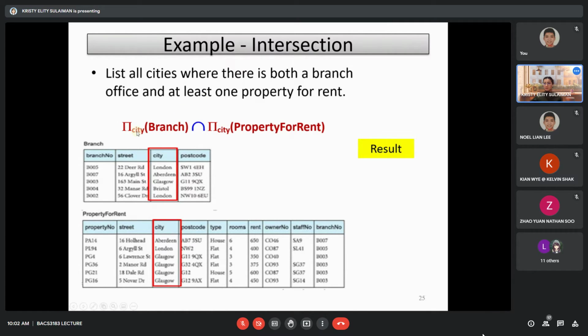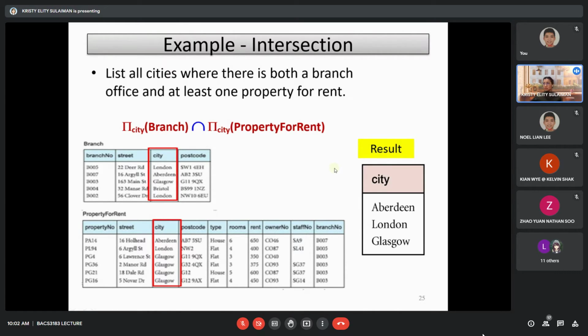Here we use the intersection operation to combine these two new relations and produce this result. So you get Aberdeen, London, and Glasgow.